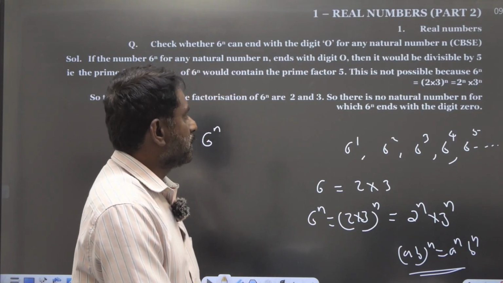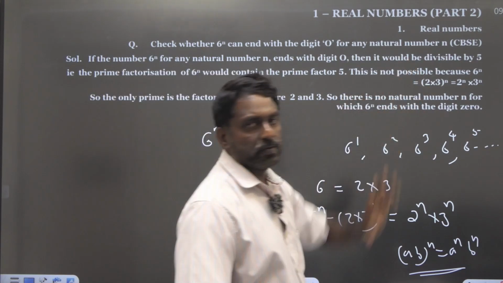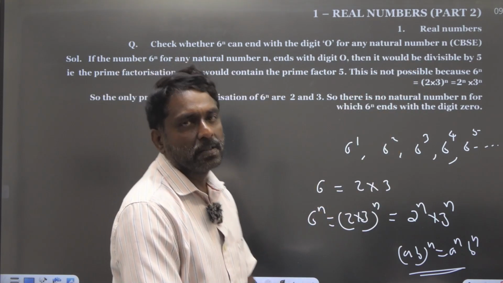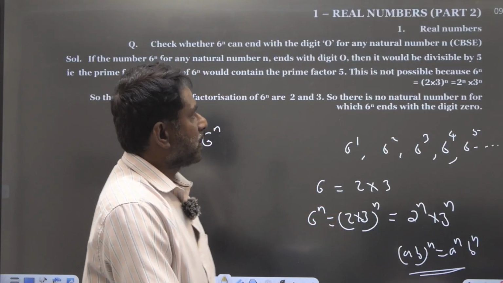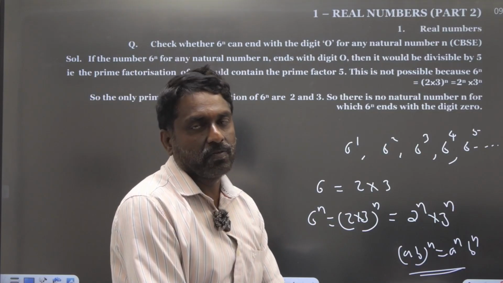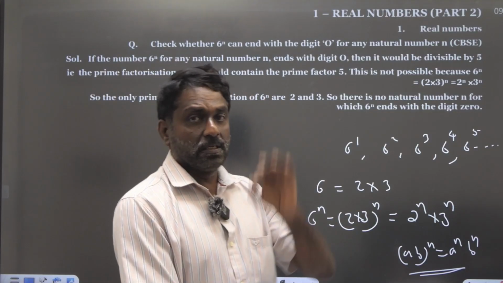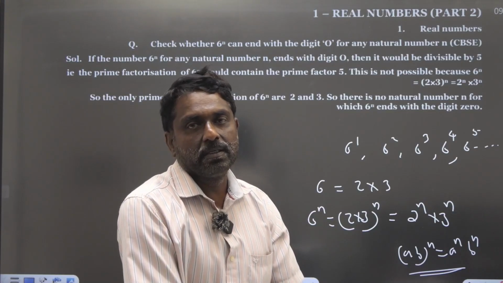If it ends with the digit 0, it must be divisible by 5. But it is not here. 5 is not a factor of 6. So 6 raised to n never ends with 0.